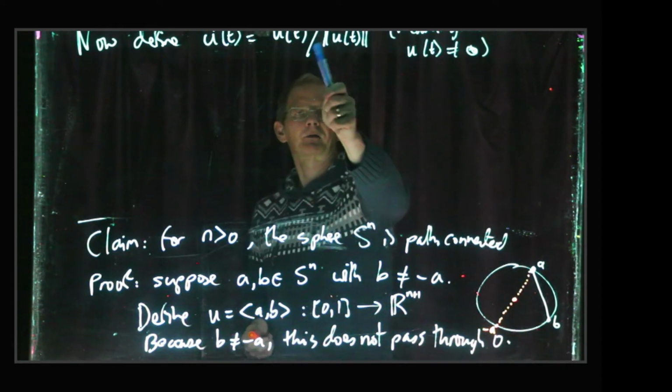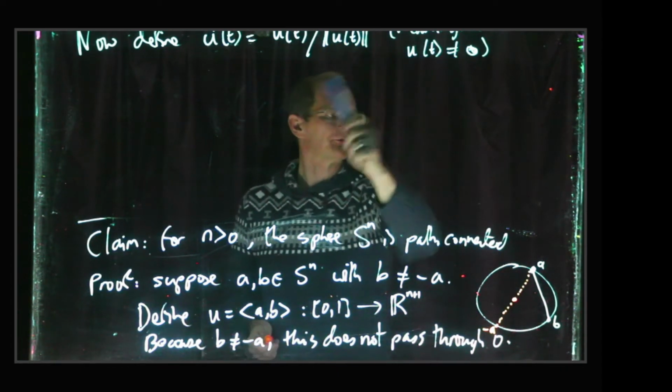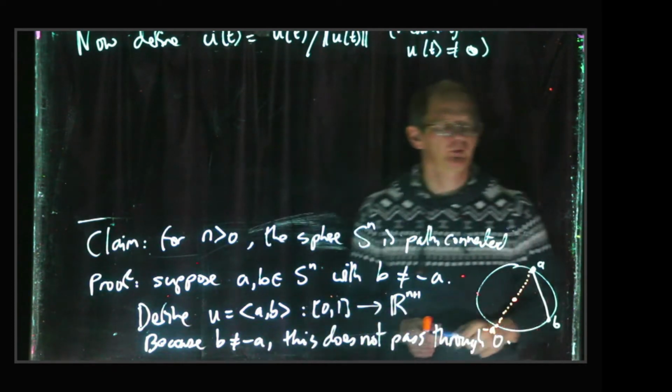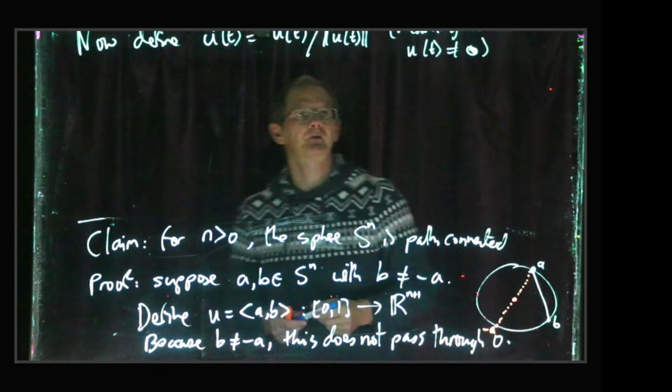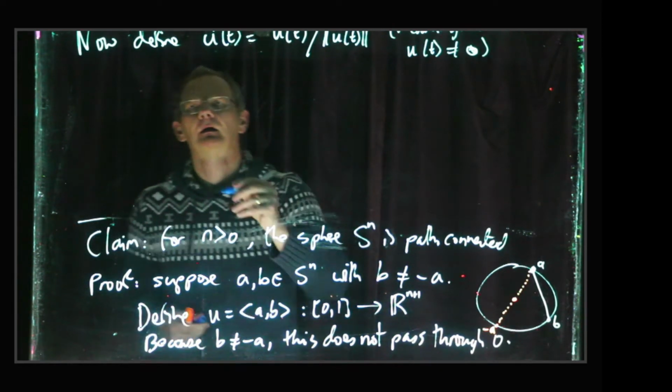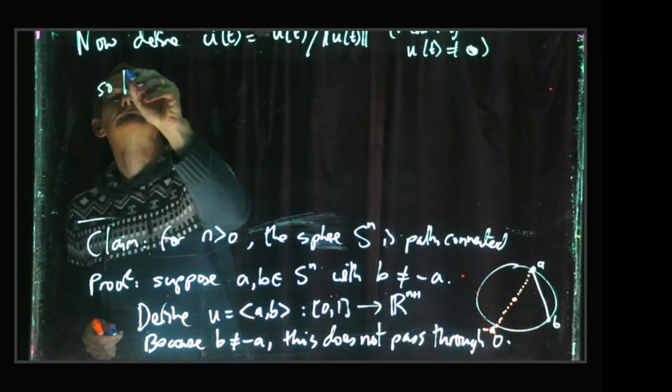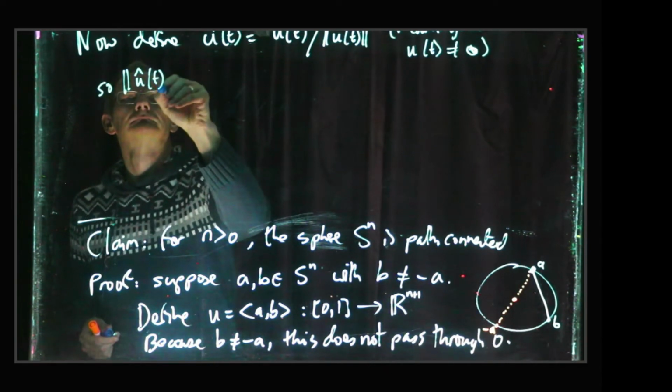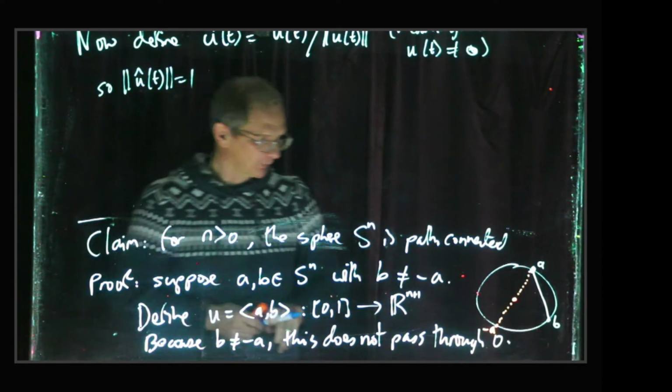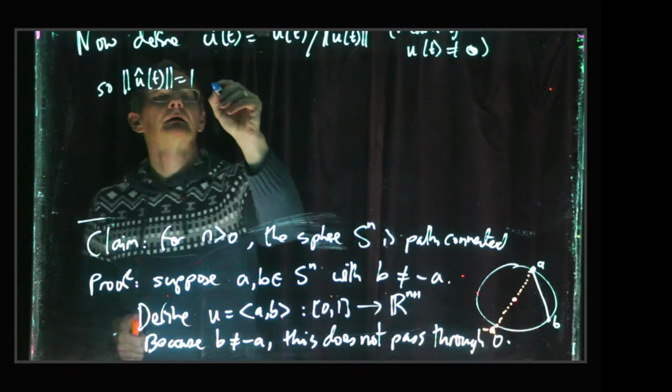And that's okay to divide by that. u of t is not the zero vector, the norm of u of t is strictly positive, so dividing by that is harmless. And so yeah, we've normalized. This is now a unit vector.